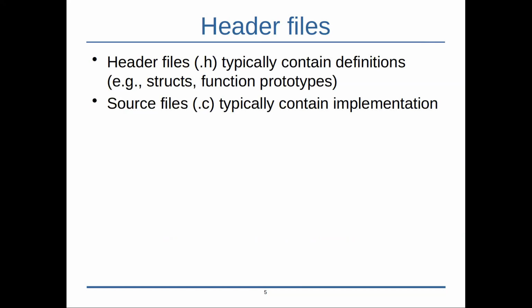So for header files, recall that header files are used as an interface to your C code. So typically you would place function declarations or any other declarations in a header file.